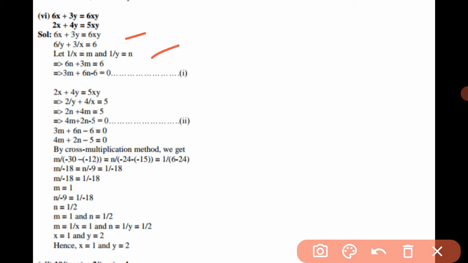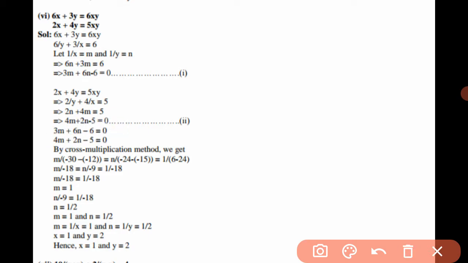In the sixth part we have given 6x plus 3y equals 6xy and 2x plus 4y equals 5xy. Now here we can divide by xy. So by dividing by xy, the first equation will become 6 upon y plus 3 upon x equals 6. Now here we can consider that 1 upon x equals m and 1 upon y equals n, and the equations will become 3m plus 6n minus 6 equals 0, and the next equation will become 4m plus 2n minus 5 equals 0.